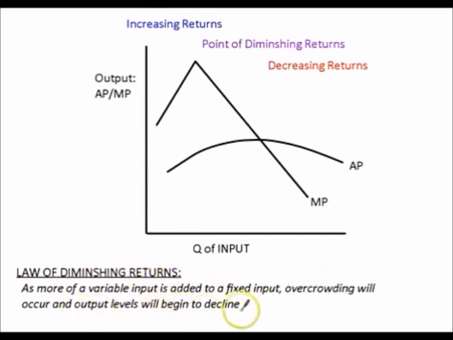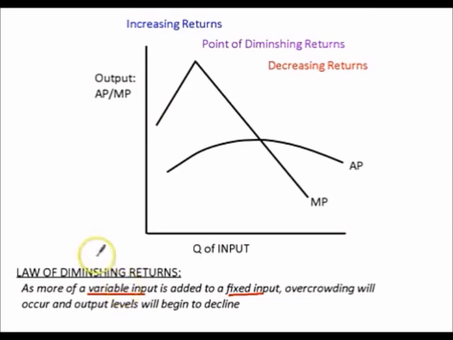A fixed input, think of a McDonald's kitchen, not very big, it's fixed, there's only so much space. When I hire my first few workers, I'm going to be able to produce more cheeseburgers in that kitchen as I hire more and more workers. The first worker who has to do all the cooking and sell it to the customer is not going to be really productive.